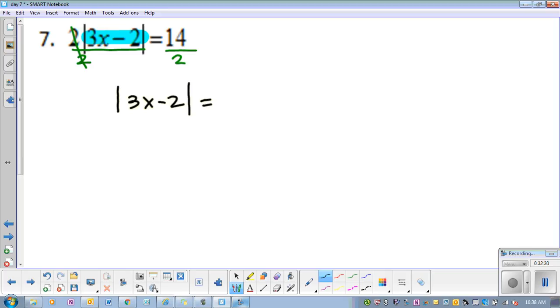7. All right, so here, now that we have absolute value all by itself, drop the bars and write it twice. 3x minus 2 equals 7, or equals a positive number. But still good, right? Then the second one is 3x minus 2 equals negative 7.